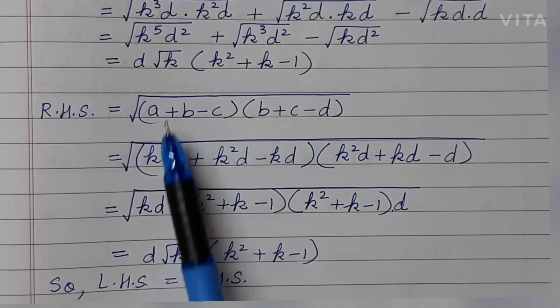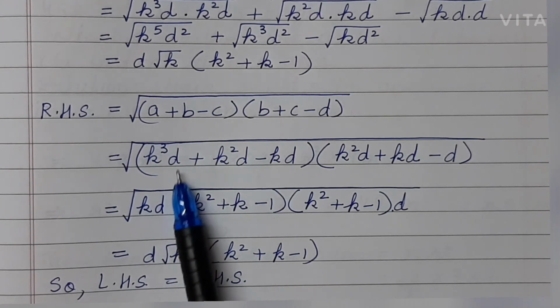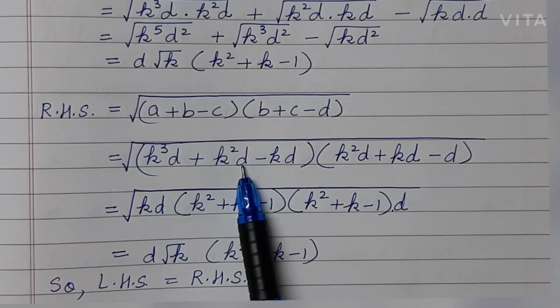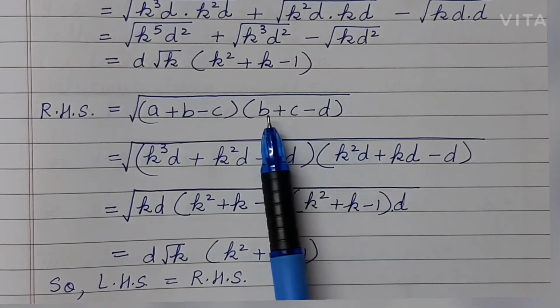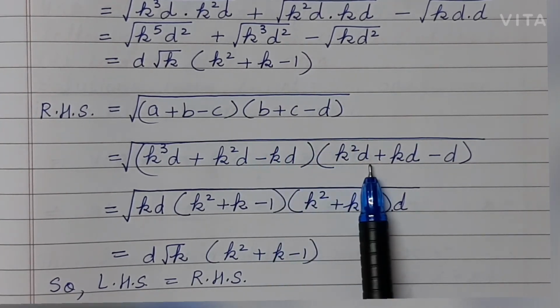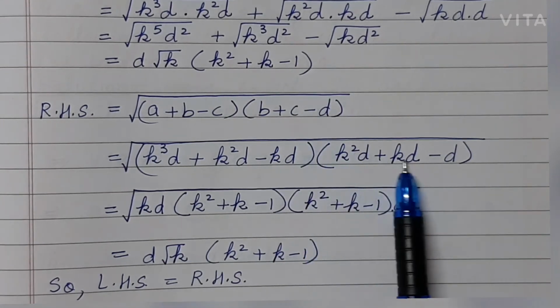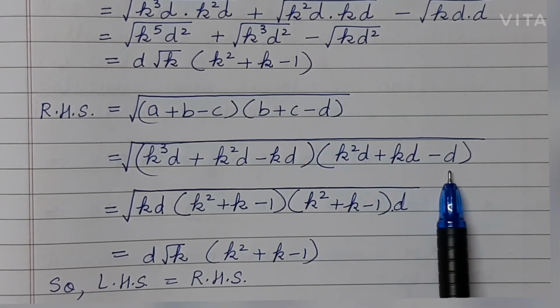Here A is k cube d, B is k square d, and C is kd. Similarly, in the other bracket also, B is k square d, then C is kd, and D we will write it as it is.